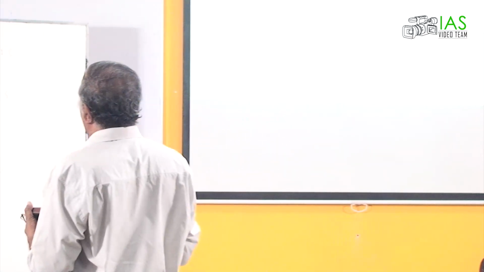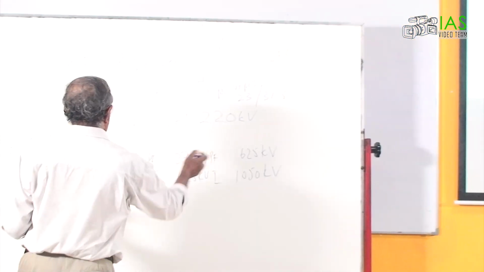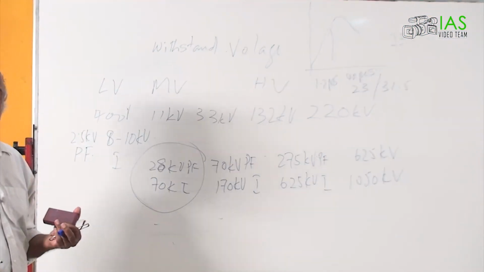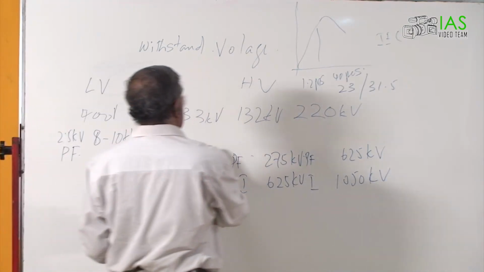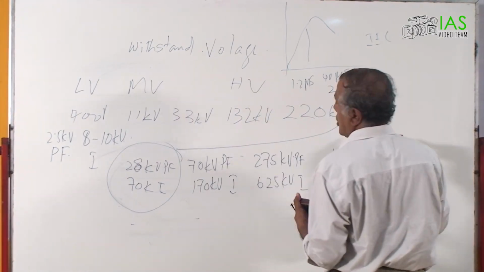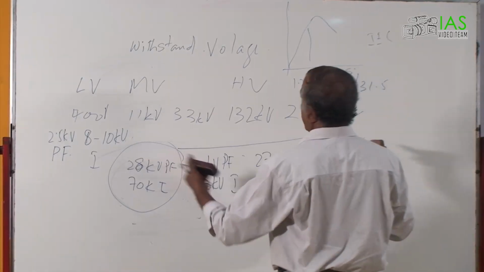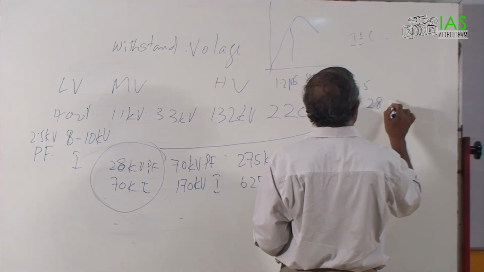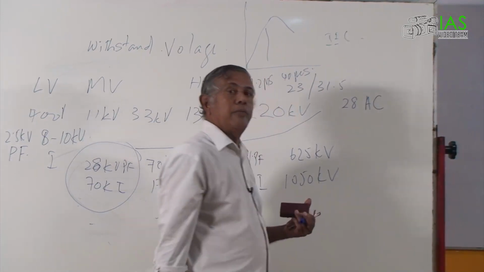Now with IEC terminology, we'll take this one, an 11 kV transformer. In transformers, it gives us 28 AC.